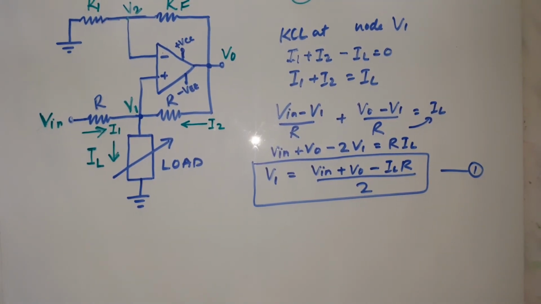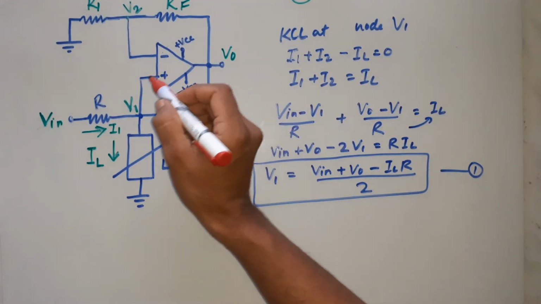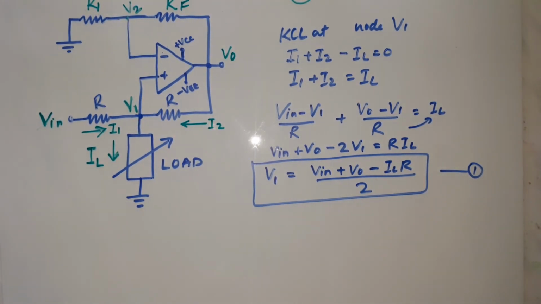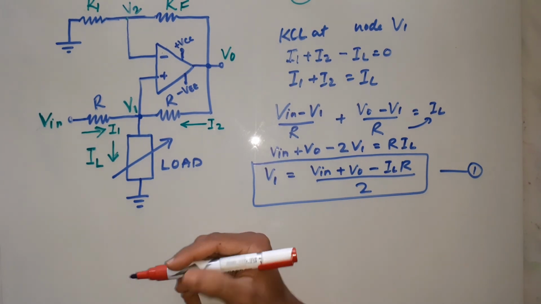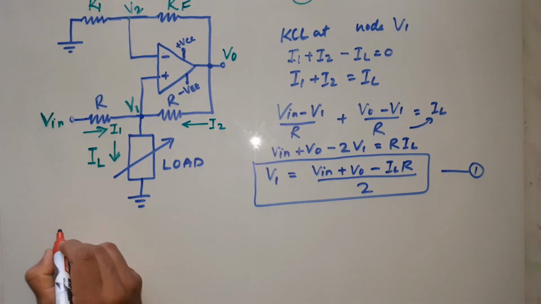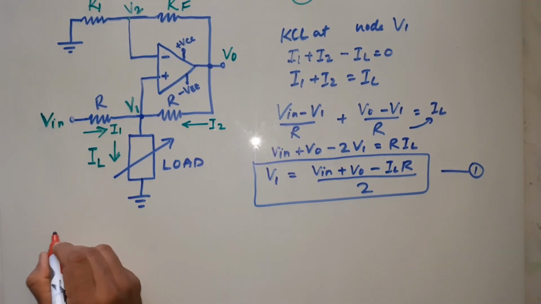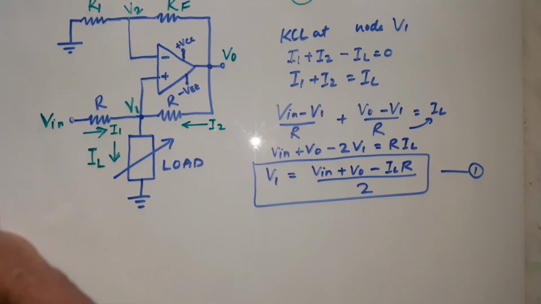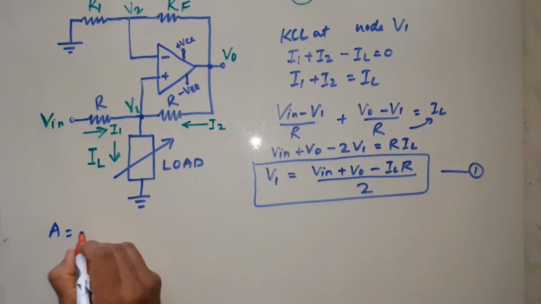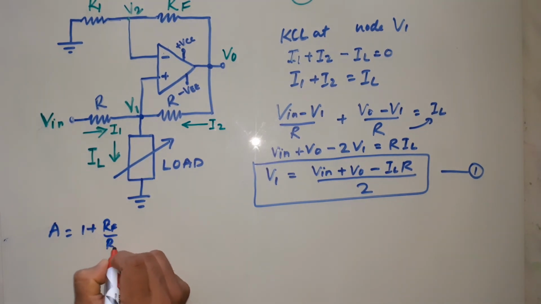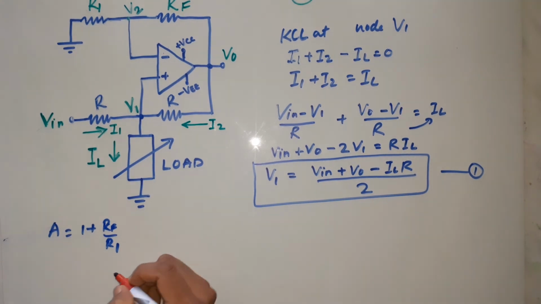Now, since our op amp is connected in non-inverting mode, see, input is given to non-inverting mode, the gain of the circuit is going to be what? 1 plus RF by R1, right? That is, since non-inverting mode, the gain is going to be 1 plus Rf by R1, right?